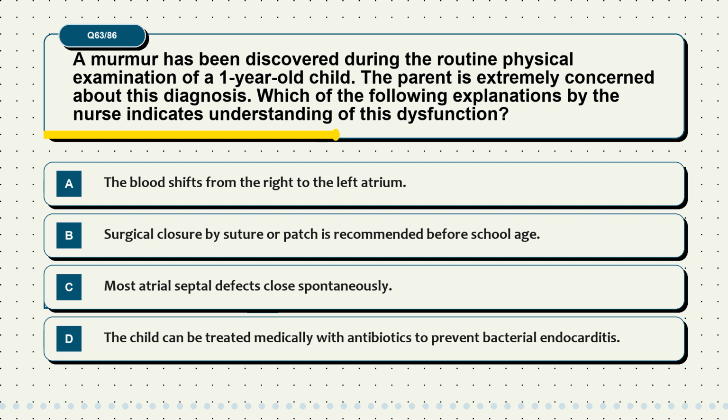Option A. The blood shifts from the right to the left atrium. Option B. Surgical closure by suture or patches recommended before school age. Option C. Most atrial septal defects close spontaneously. Option D. The child can be treated medically with antibiotics to prevent bacterial endocarditis.